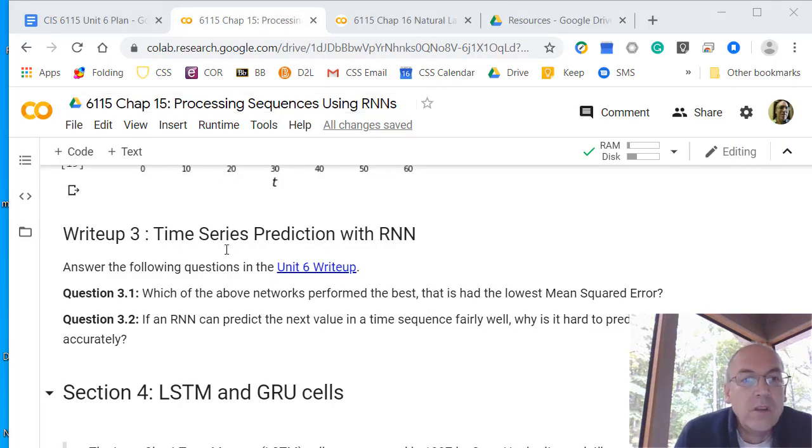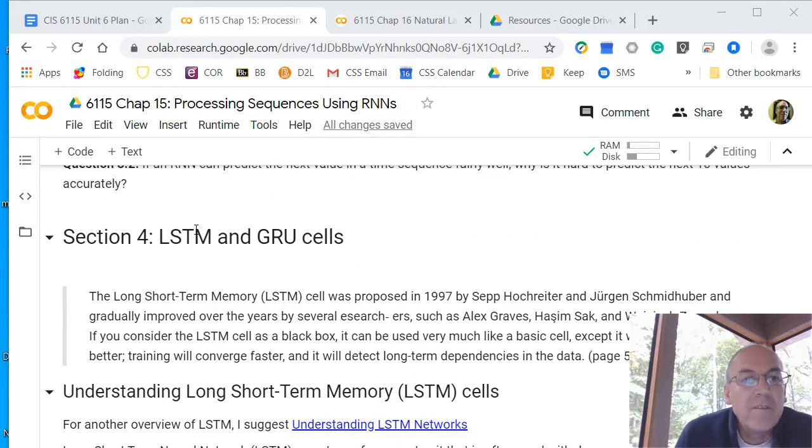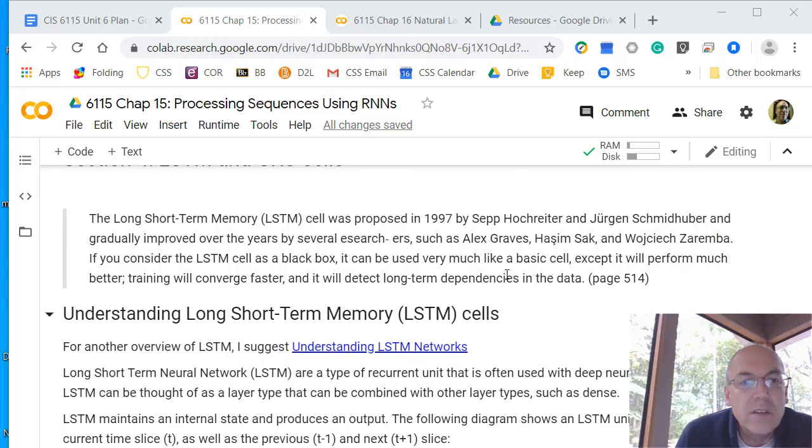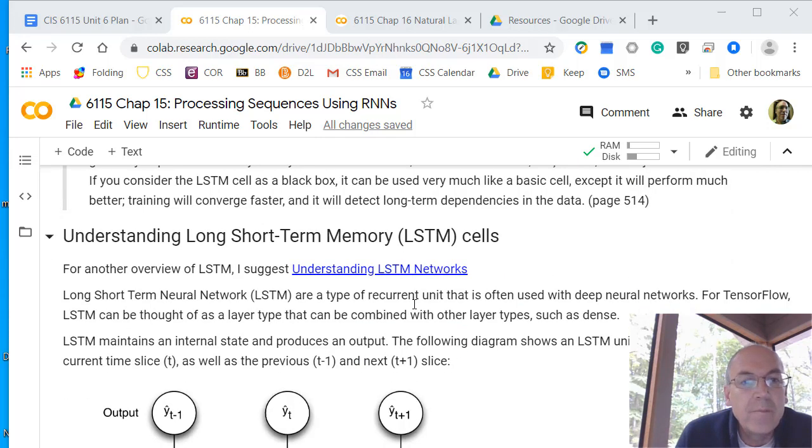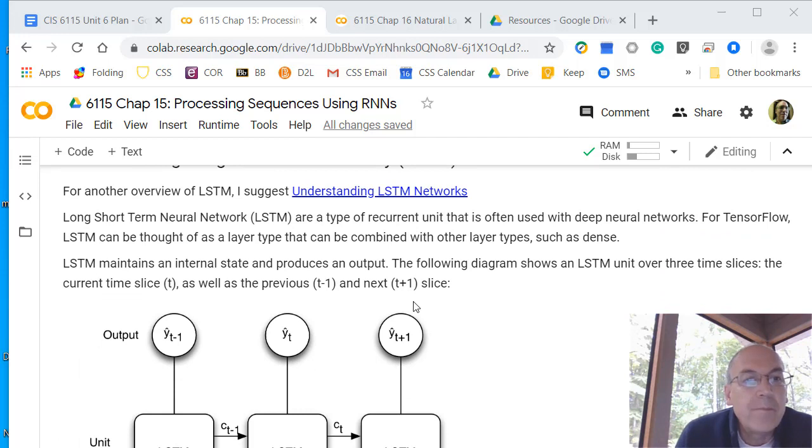So there's been some development of more advanced cells or nodes for this, and one that is commonly used is called long short-term memory. This was proposed back in the 90s, but has seen a resurgence in recent years. The idea of a long short-term memory is that it holds some state in memory and only changes it at certain times.